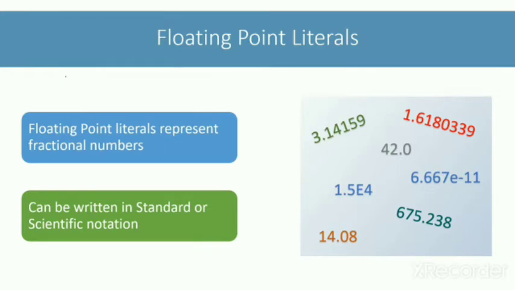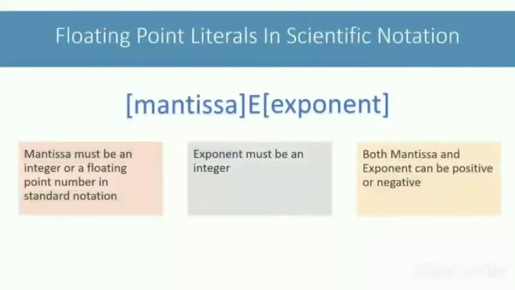We first write the whole number part, followed by the decimal sign, followed by the fractional component. In scientific notation, the floating point literal consists of two parts: the mantissa and the exponent. The mantissa must be an integer or a floating point literal in standard notation.